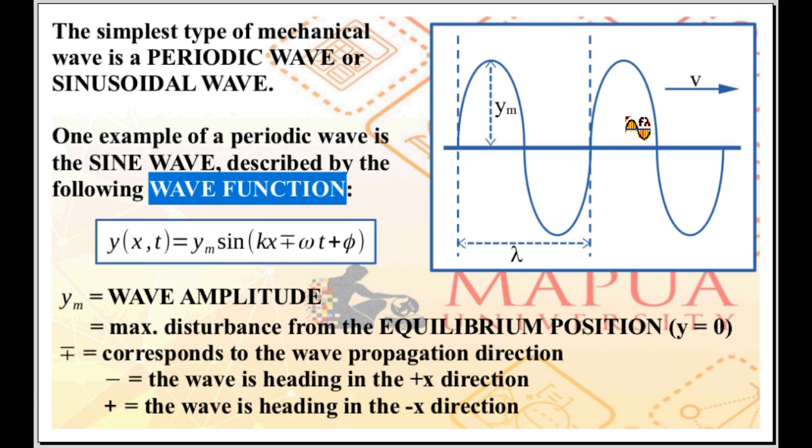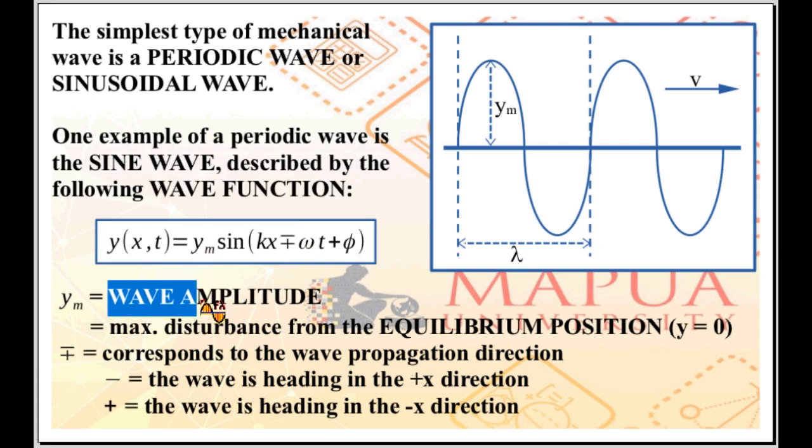The wave function of a sine wave is given by y of x,t. Y, because if the particles are lying on the x-axis, the disturbance will be along the y-axis. So y of x,t is equal to ym sine of kx minus/plus omega t plus phi.